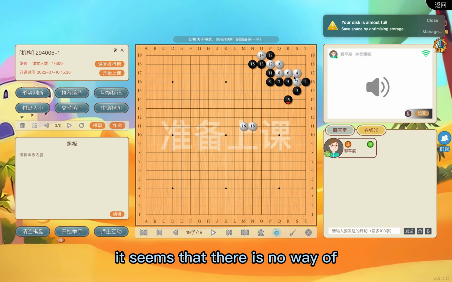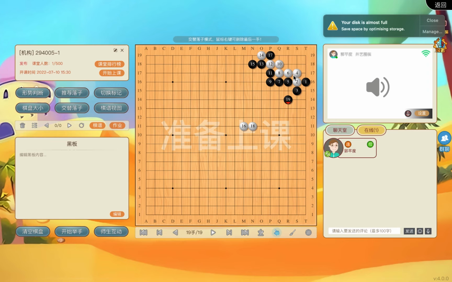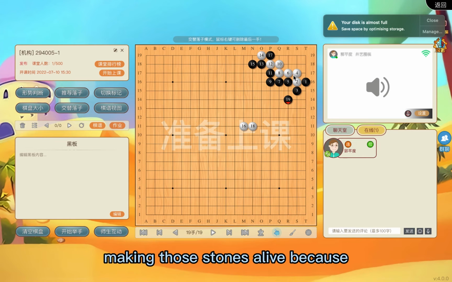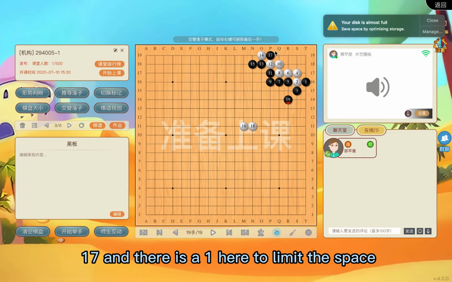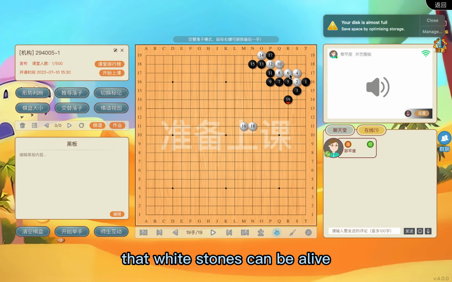It seems that there is no way of making those stones alive, because we see that there is a black 17 and there is a 1 here to limit the space that white stones can be alive.